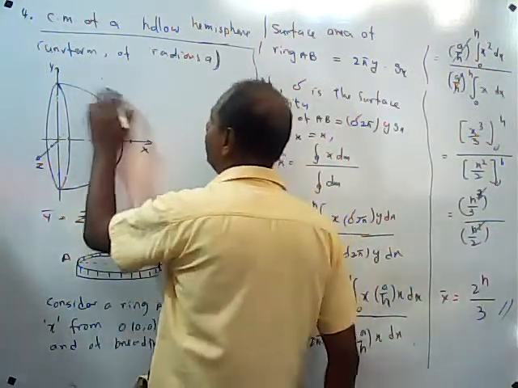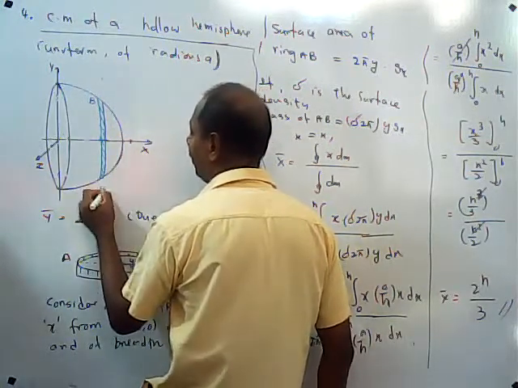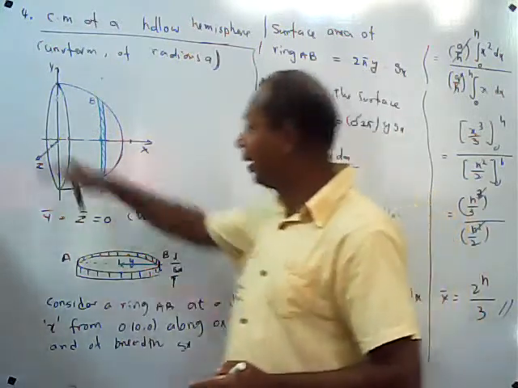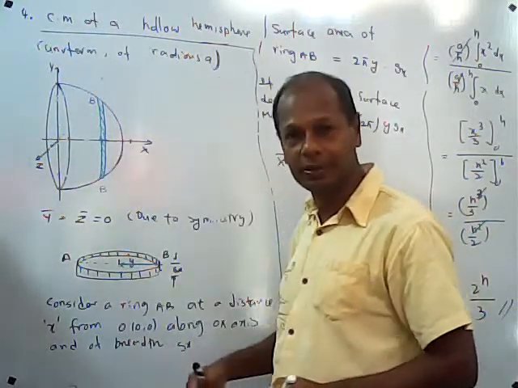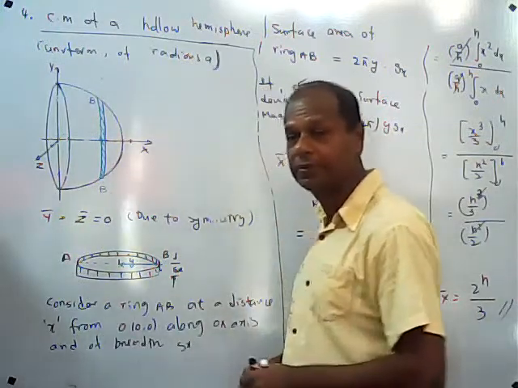Now we take the ring at an angular distance with the OX axis, right? There's a difference here.